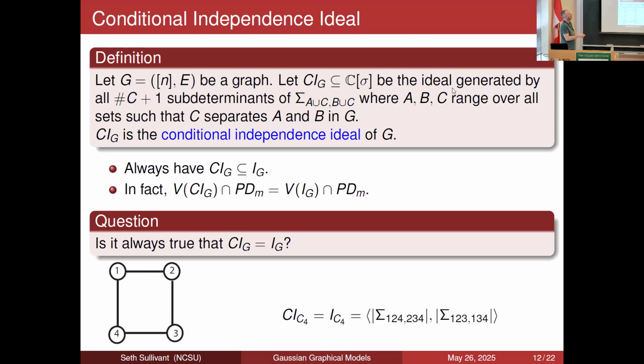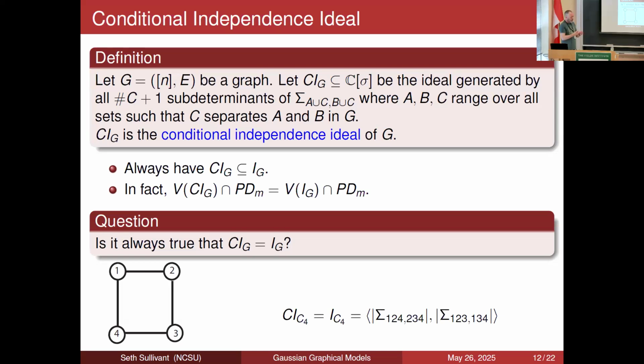That is, it's going to be the ideal generated by all C+1 minors of the appropriate submatrices of the covariance matrix, where A, B, and C range over all sets where C separates A and B in the graph. That ideal is called the conditional independence ideal of the graph.